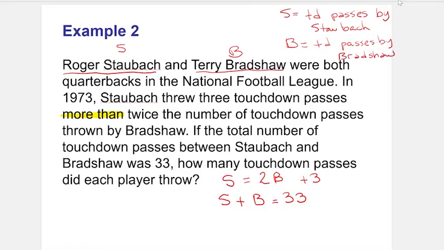And here I can say if I add the total number between Bradshaw and Staubach, I get 33. That's what the total was, the sum between Staubach and Bradshaw was 33. So the total number of touchdown passes that they threw together was 33. And we want to know now what S equals and what B equals.